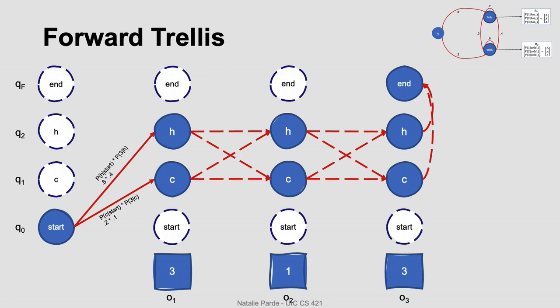That'll give us the forward probability for H. To get the forward probability for C, we'll multiply the transition probability from start to C, which is 0.2, times the observation likelihood of eating 3 ice cream cones given that it's cold, which is 0.1.